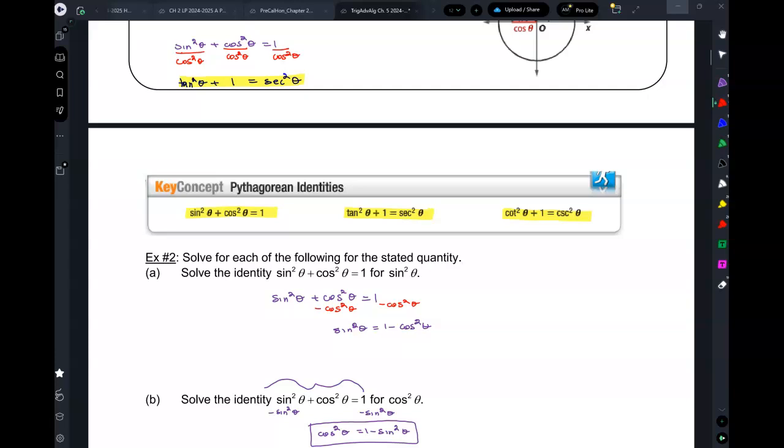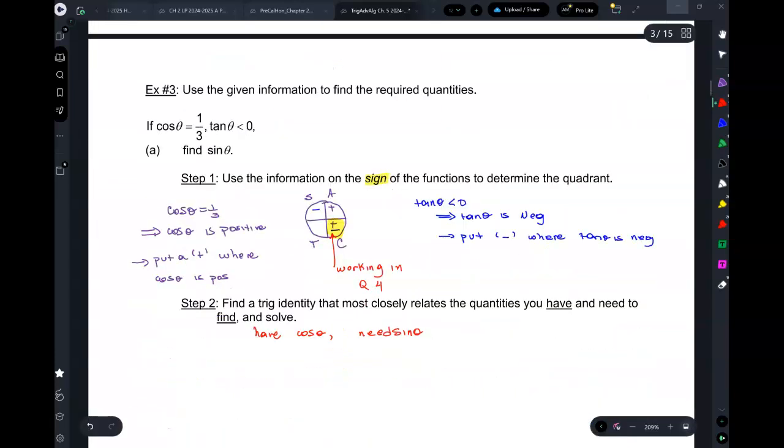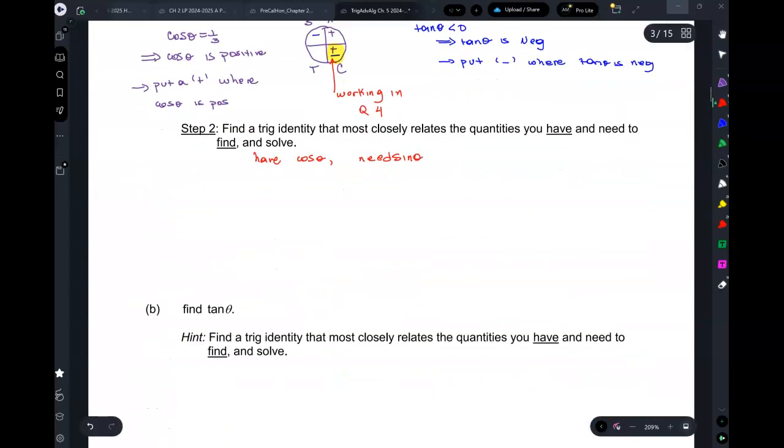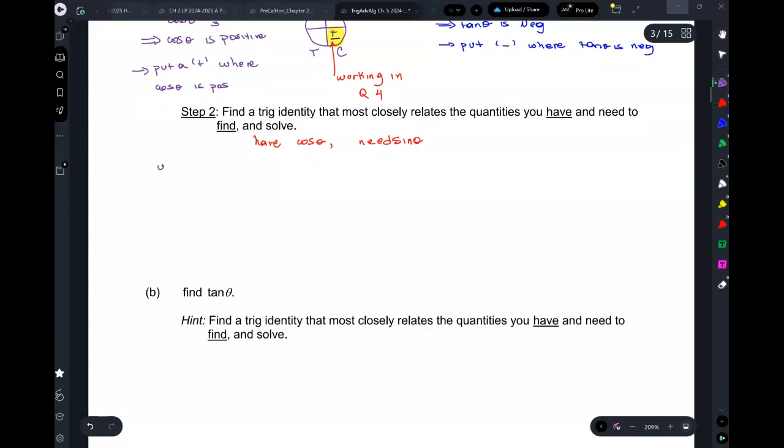That's 3 of them. You just want 2, one that you know, one that you don't know. So that's this first one, okay? So we're going to use sine squared theta plus cosine squared theta equals 1.